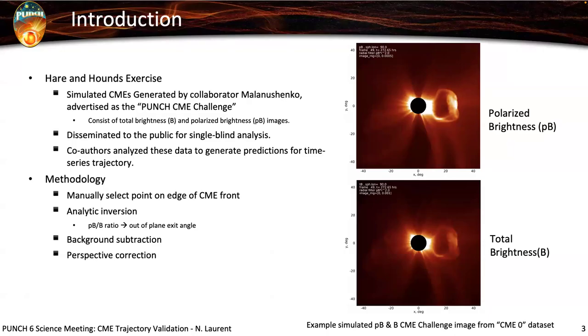And so our methodology involves selecting points on the edge of the CME front for each time step for the multiple CMEs and their different perspectives, performing the analytic inversion using the PBB ratio to determine an out-of-plane exit angle. And something we'll find that is very important is both background subtracting this data and then performing a post-processing perspective correction.